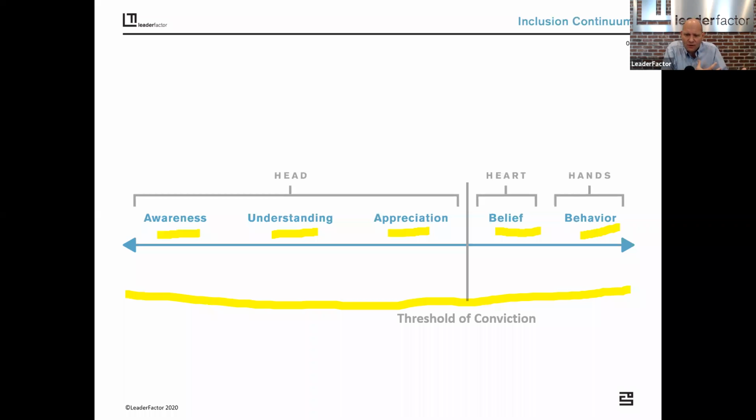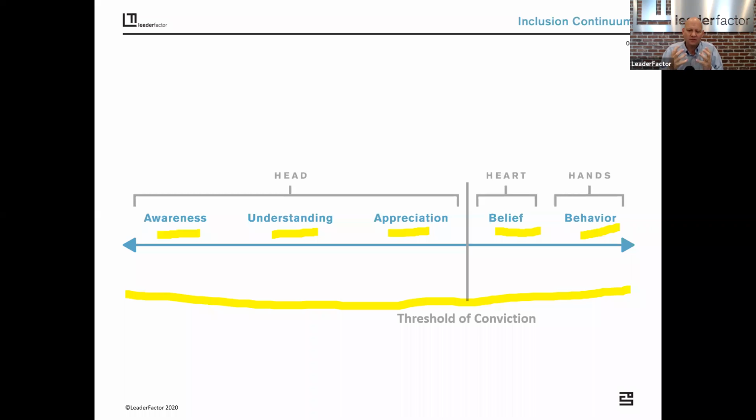The behavior generates confirming evidence that diversity and inclusion is not only the right thing, but from a competitive standpoint, there's a massive return on investment. Most people can't get there if they start with awareness to understanding to appreciation. We bring a lot of resentment by the time we get to the threshold of conviction.